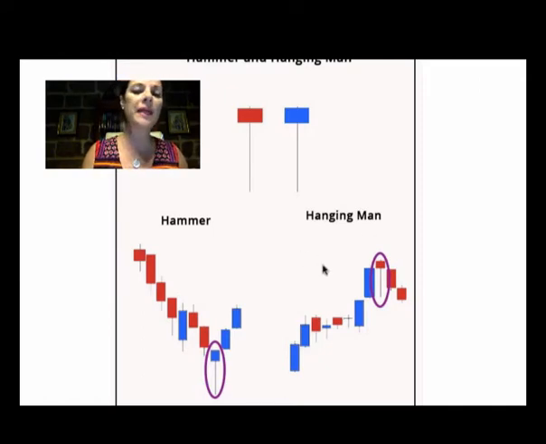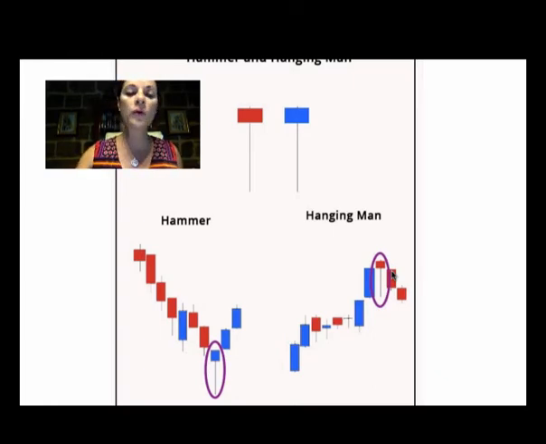Of course, the hanging man happens in a different situation when you have an uptrend, and this is like someone who is being hanged from his neck, hence the name, and it means that the price which has started off at this level, because it's after an uptrend, managed to go up a little bit more, but went all the way down and eventually closed at a price that was going to set a new downtrend.